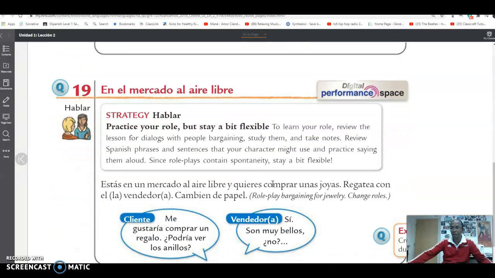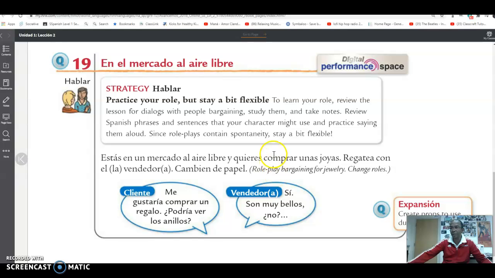And finally, in activity 19, what you do is you're going to create a mini conversation. You notice that in the video, there was a person that was the client and the other one was the vendor, the person that was selling. So you are going to create a mini conversation, okay, as a client, as a customer, and the answer, or what the vendor would say. So this is a little bit of an example. For example, you have, me gustaría comprar un regalo.